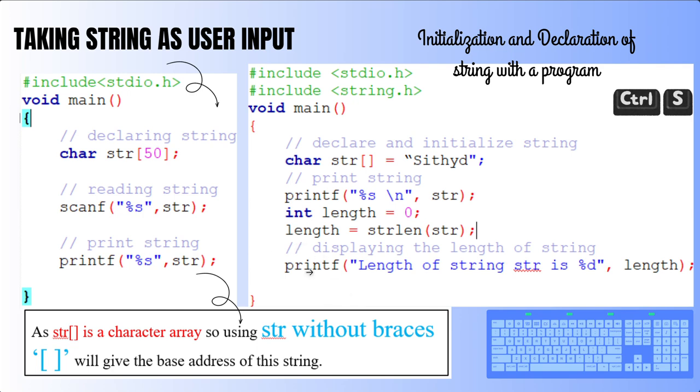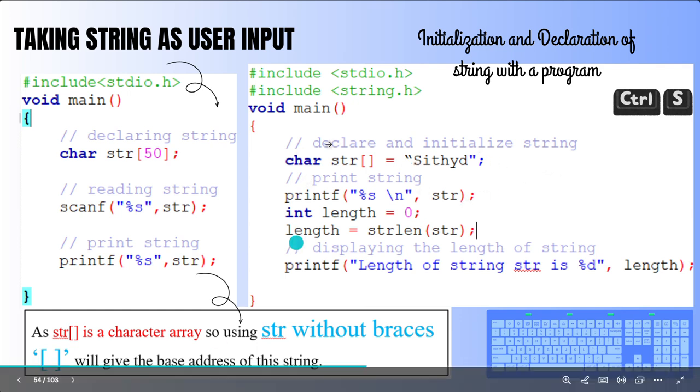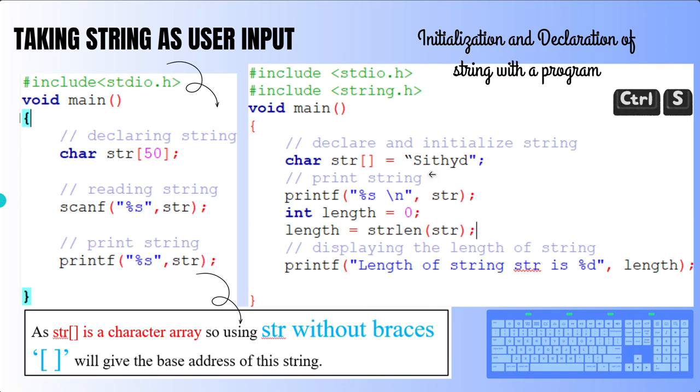Coming to the next program, in the main function we have declared and initialized the string. Here, in the way we just learned, within double quotes we have input SITHYD. This will be saved as within curly brackets. Also you can write it as each character separately. Both are fine. Now we are printing this.